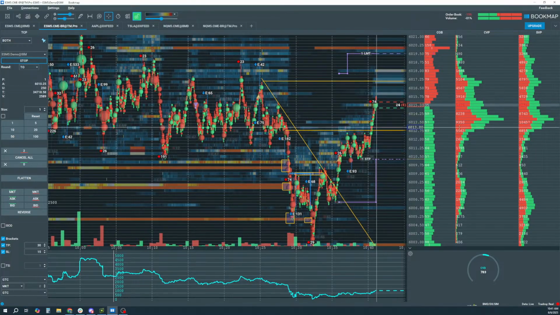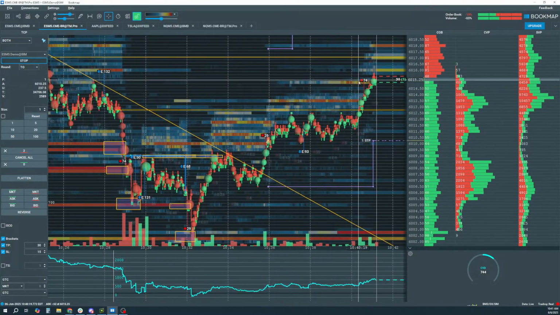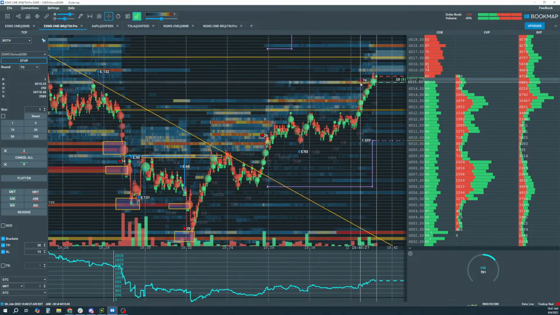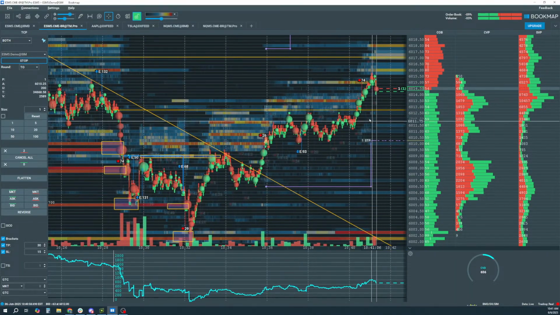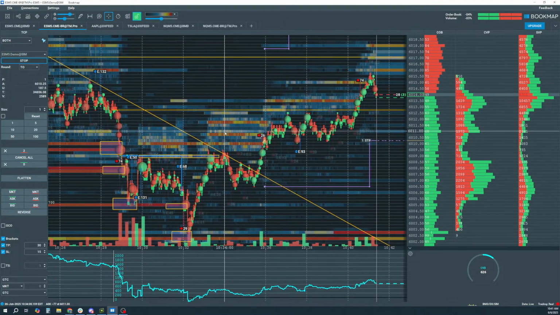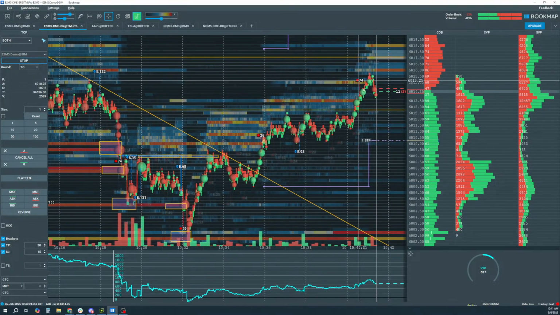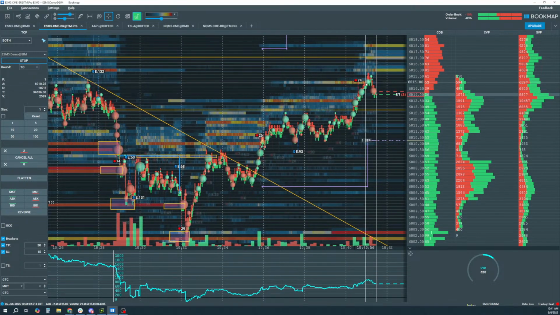I'm looking keenly at some of these levels. Okay, we just hit some liquidity here and here. So if we see a big sell dot come in, maybe we get out. Okay, some selling, and that's to be anticipated.